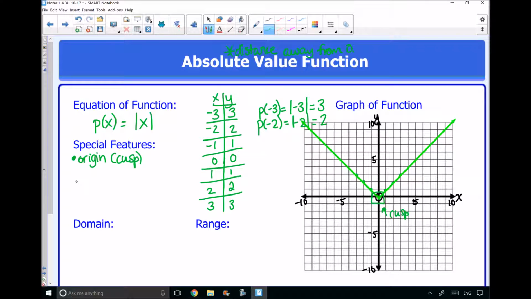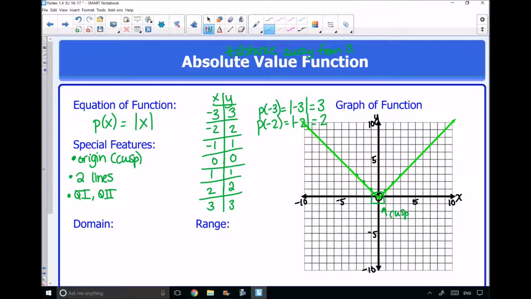We also know that the graph is pretty much just two lines put together. The absolute value function is just one line going this way and another line going in the opposite direction. We also know that it's going to be in quadrant 1 and quadrant 2. And those are really the key pieces that we have right here.